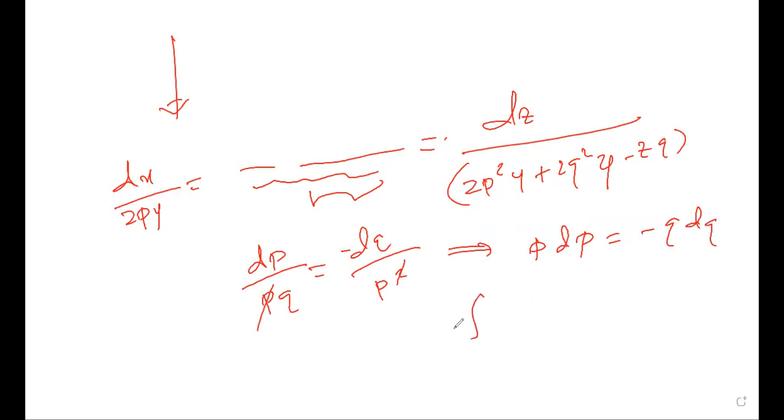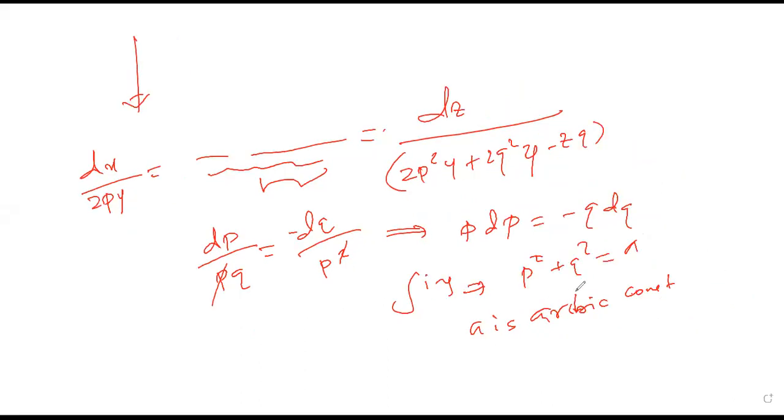Then if you integrate, you'll get p squared plus q squared equals a, where a is an arbitrary constant. We have found one possible way of ending.